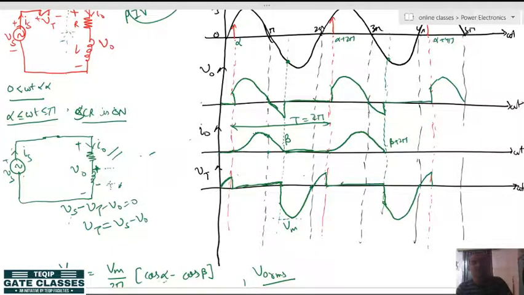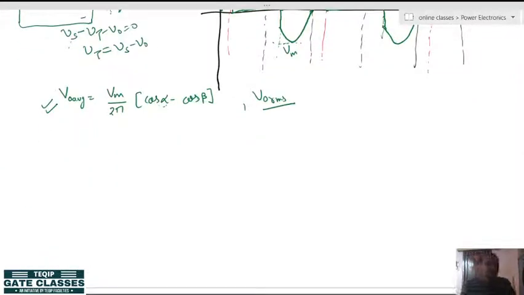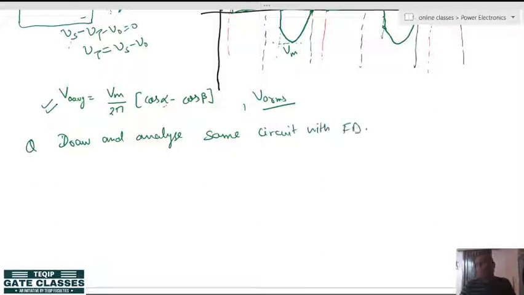So in that case, the question is basically to draw and analyze the same circuit with a freewheeling diode. And in the waveforms, apart from these waveforms, you have to add the waveforms of the source current and the freewheeling diode current.